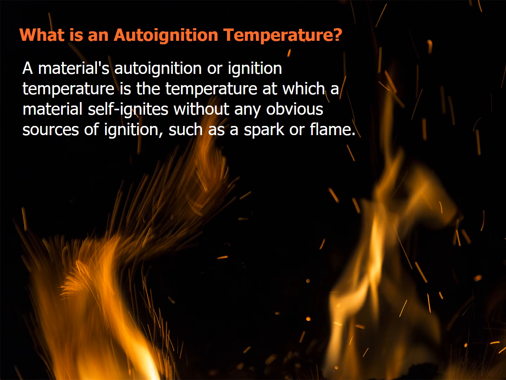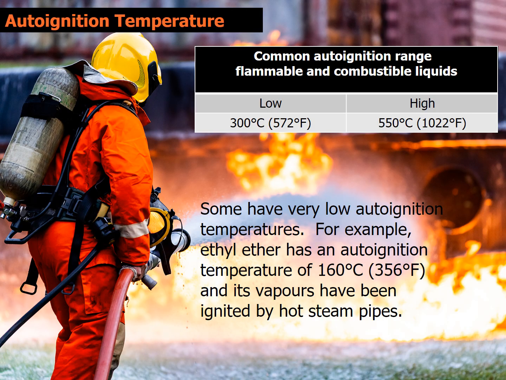A material's autoignition or ignition temperature is the temperature at which a material self-ignites without any obvious sources of ignition, such as a spark or flame. Most common flammable and combustible liquids have autoignition temperatures in the range of 300 degrees Celsius or 572 degrees Fahrenheit to 550 degrees Celsius or 1022 degrees Fahrenheit.